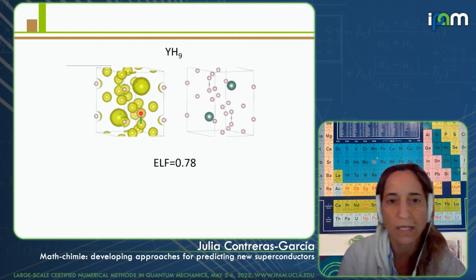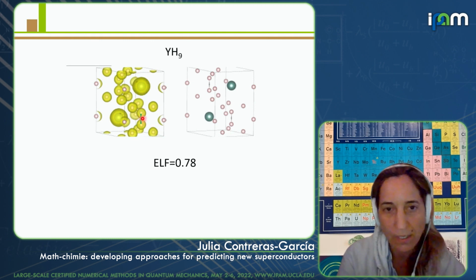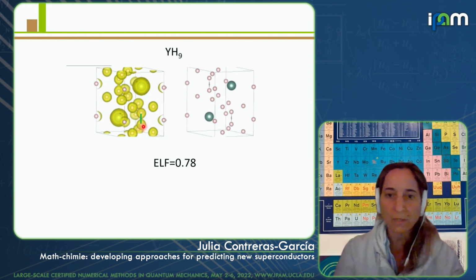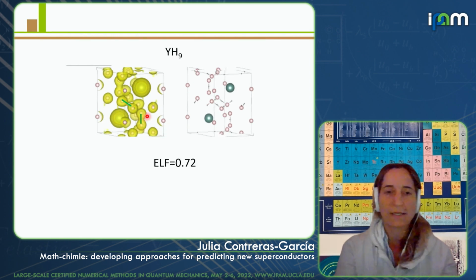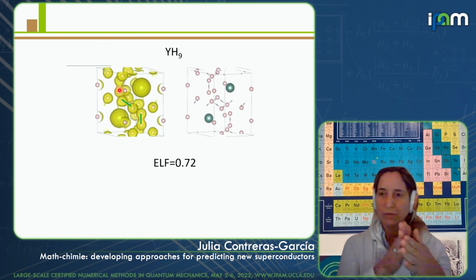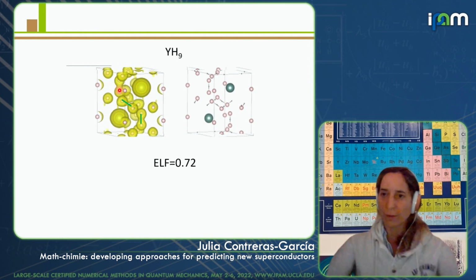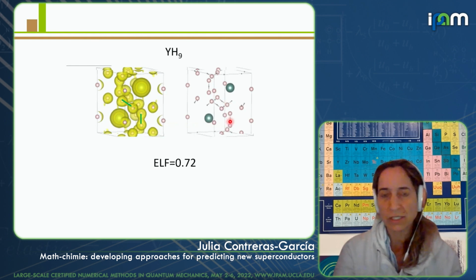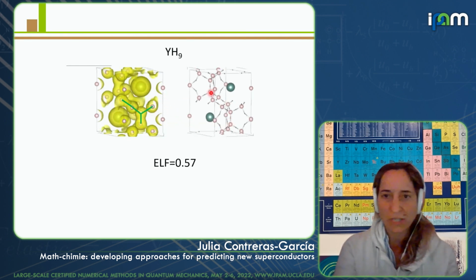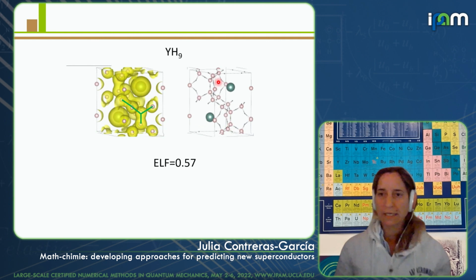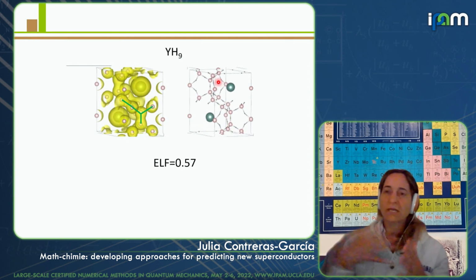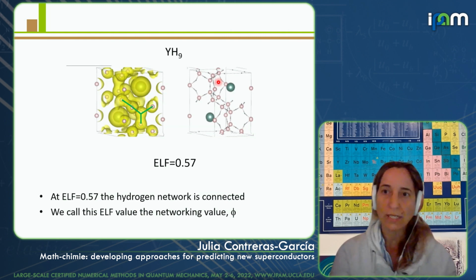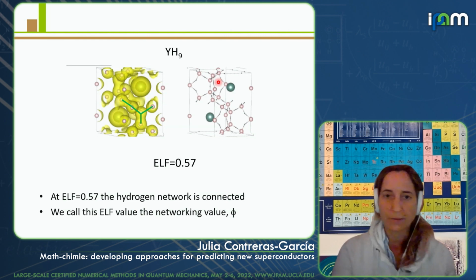So we have a saddle point at this value, and this allows the appearance of this new connection. We keep decreasing, and this allows us to retrieve, from top to bottom, the values of the saddle points and these connections, until we actually have a network that is all connected. And that's what we were looking for, because that would mean a complete delocalization of the electrons. So that's what we called the networking value.